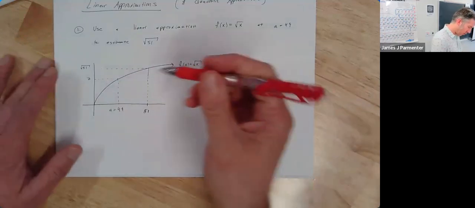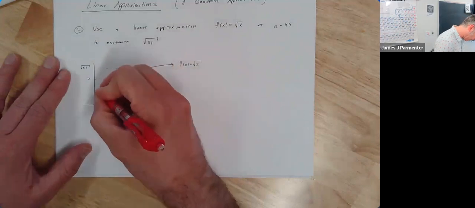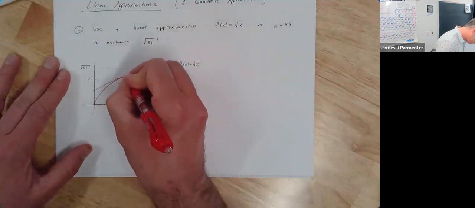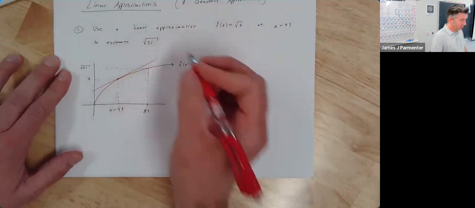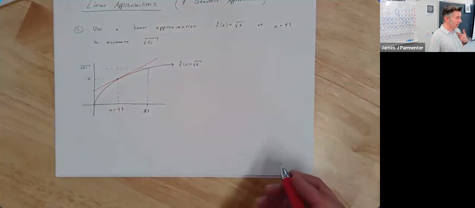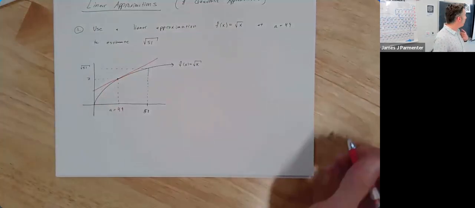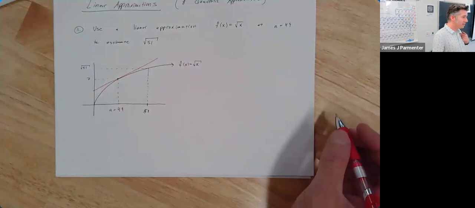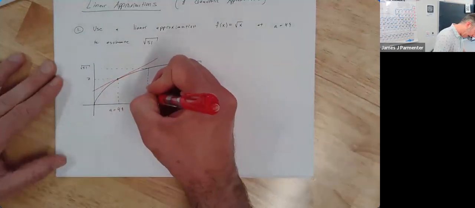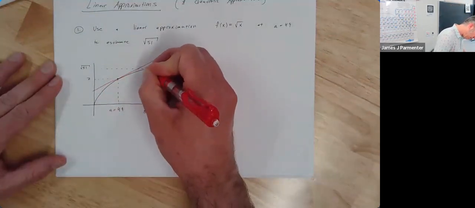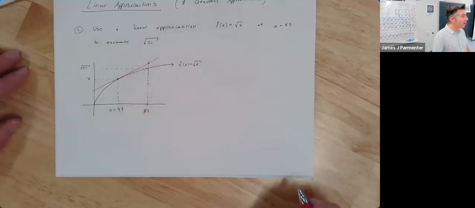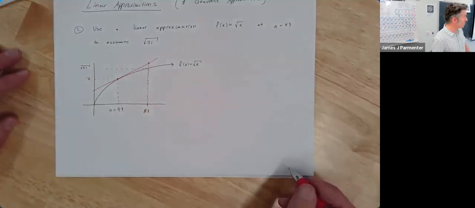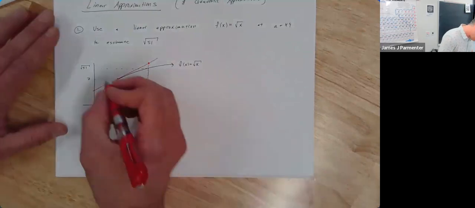At 49, we're going to draw the tangent line. We're going to find the equation of the tangent line, and then we're going to say, well, if I plug in 51 to that tangent line, I get out something not too far away from the actual square root of 51.